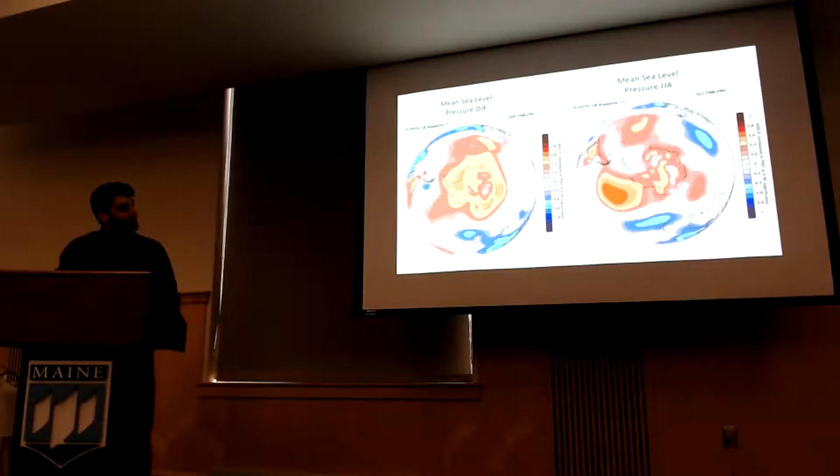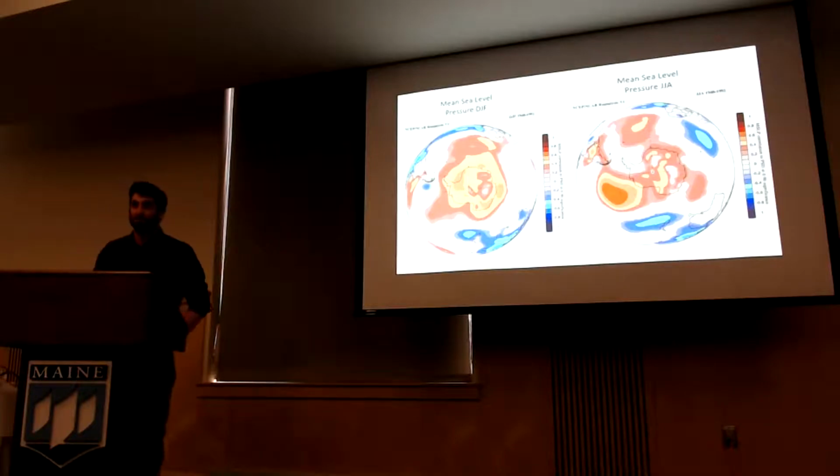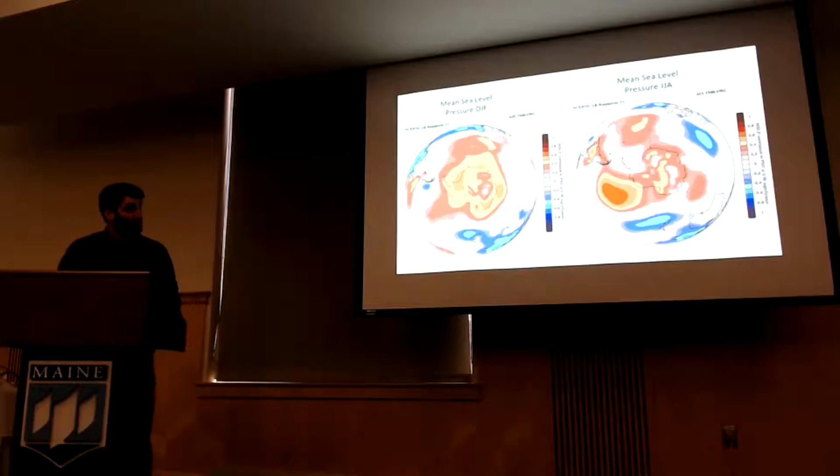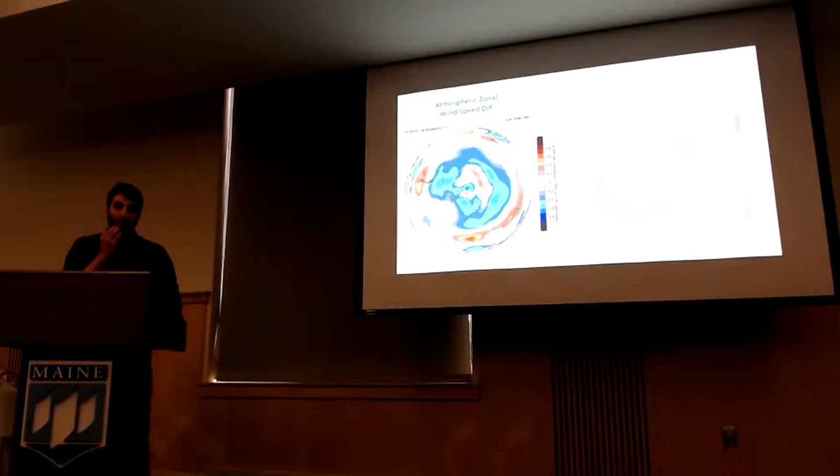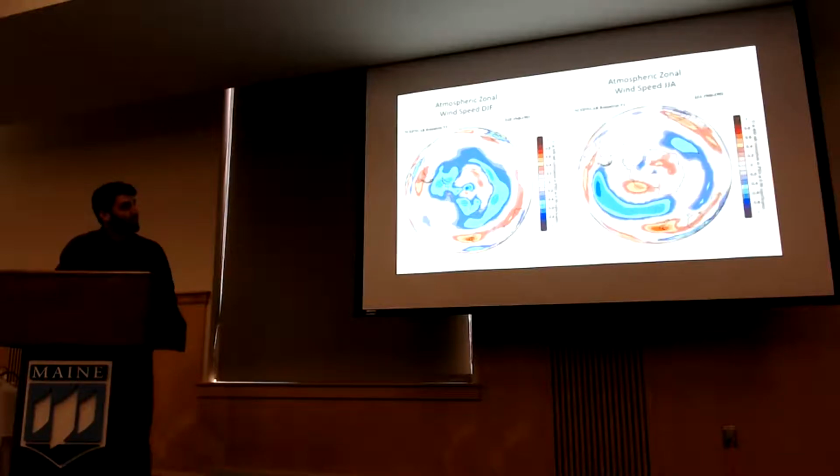If we correlate the same record back through the austral winter, we're seeing a very different relationship. We're seeing a breakdown of that spatial coherence throughout the region, but still generally a fairly positive correlation. If we start looking at atmospheric zonal wind speed, we're seeing a very different correlation: a negative correlation surrounding Antarctica through the austral summer, and during the austral winter we are also seeing a fairly anti-correlation, or negative correlation, throughout.